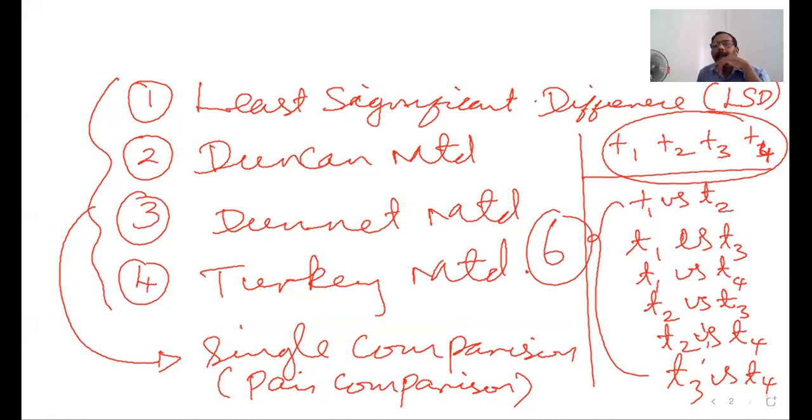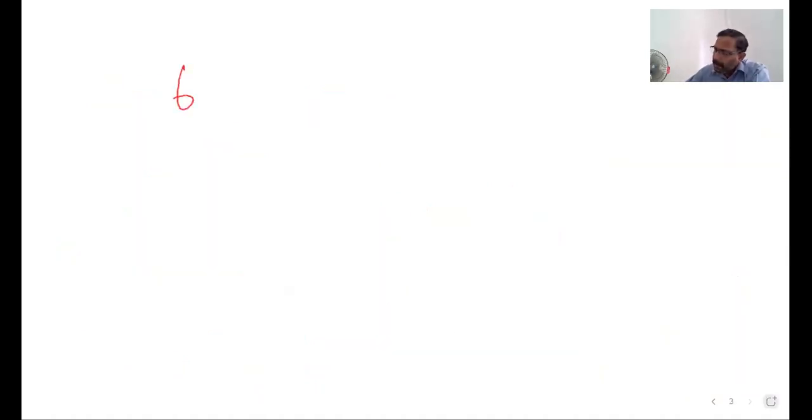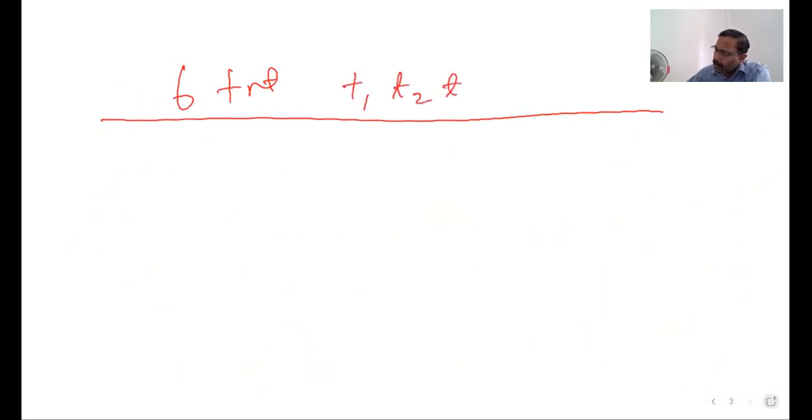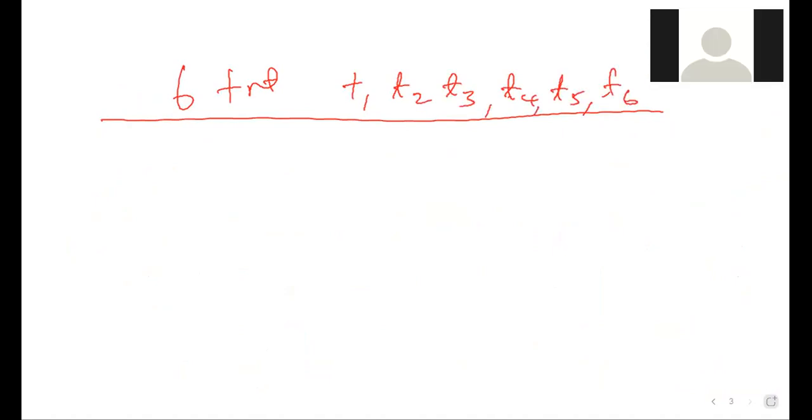If you have 6 treatments, how many possible comparisons? Let's say T1, T2, T3, T4, T5, and T6. You said 15.